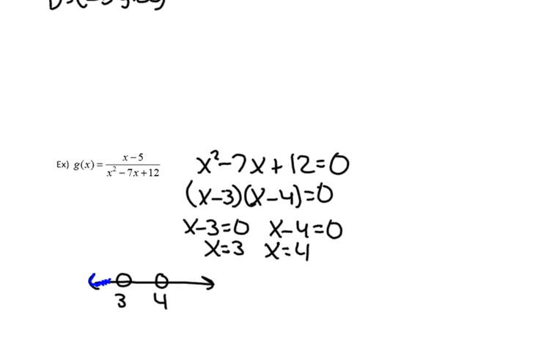So every value in this interval or this interval or this interval. So now I want to be able to write what's shaded in blue into interval notation. So the first region, well, that starts at negative infinity and goes to 3.